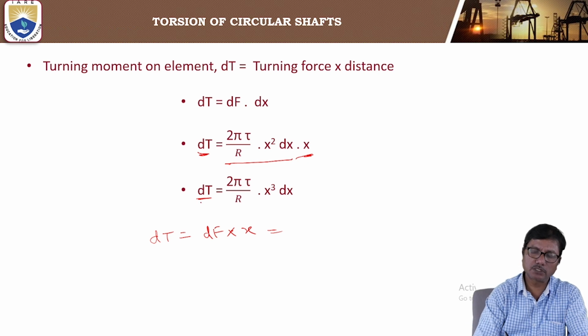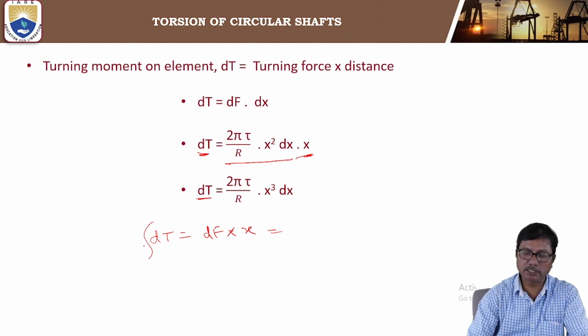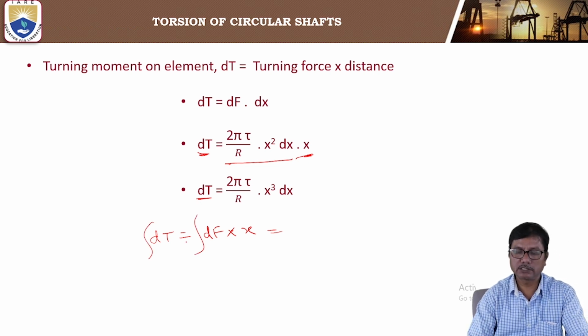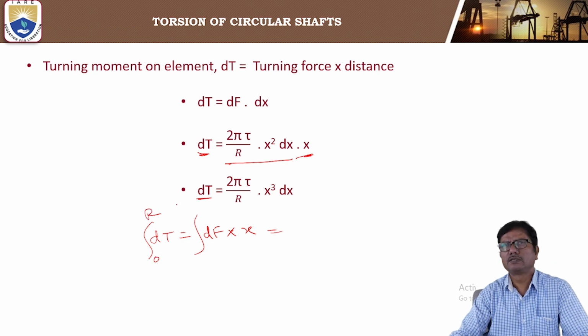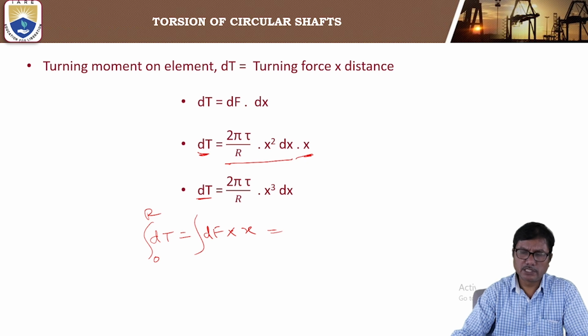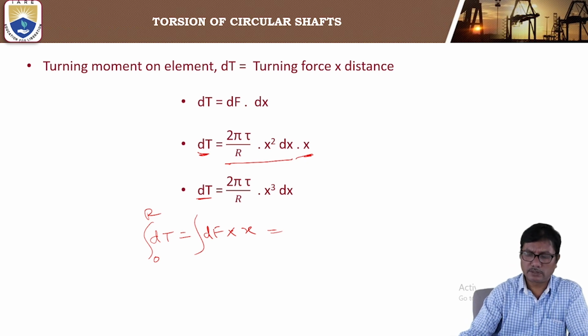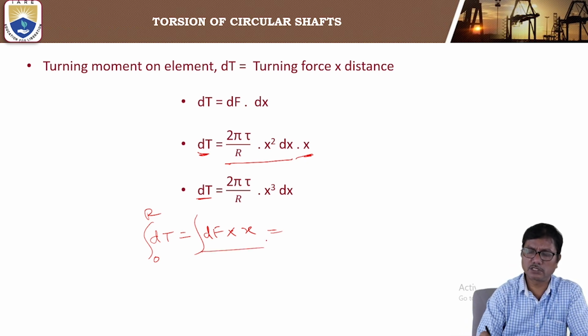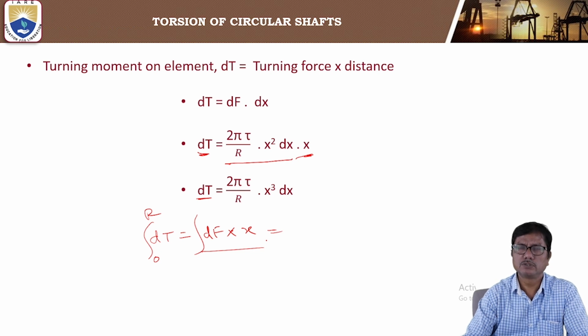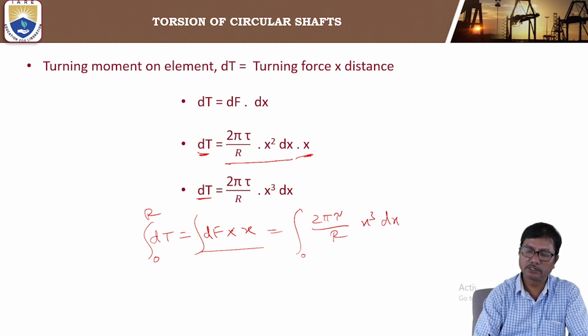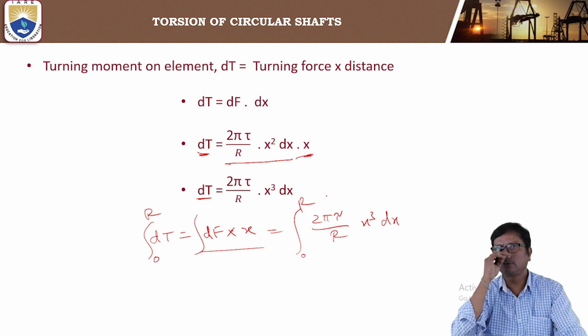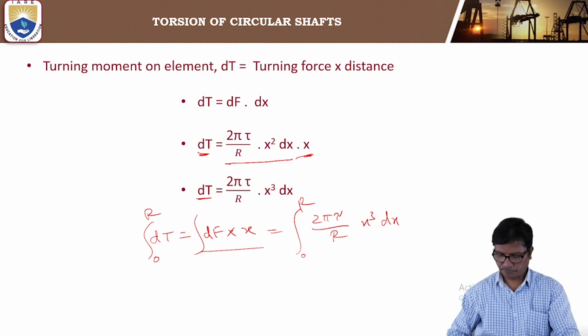How will you get the total turning moment, twisting moment? By integrating this between the limits 0 to r. Okay. So integral of 2 pi tau by r into x cube dx between the limits 0 to r.